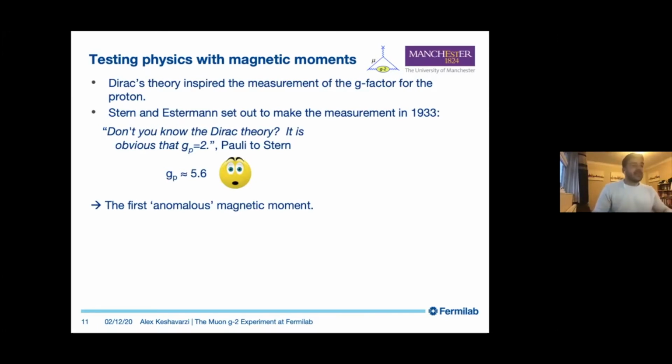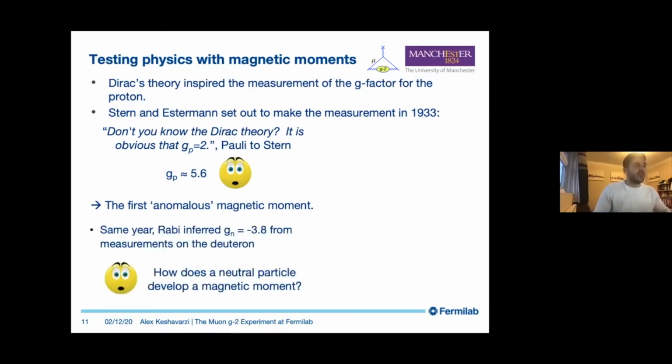And then a bigger surprise came later on, where you would say, okay, well, magnetic moments can only be susceptible to charged particles, or only charged particles should be able to have a magnetic moment. But then in the same year, Rabi inferred that the magnetic moment of a deuteron, which is a neutral particle, has a g factor of -3.8. And it was asked, well, how could that be the case?